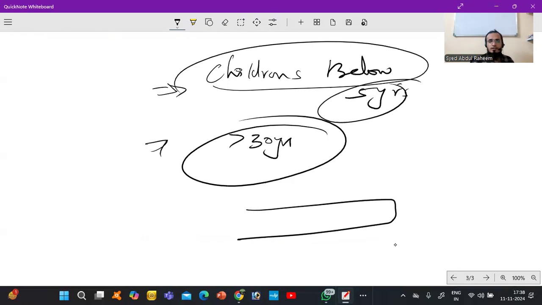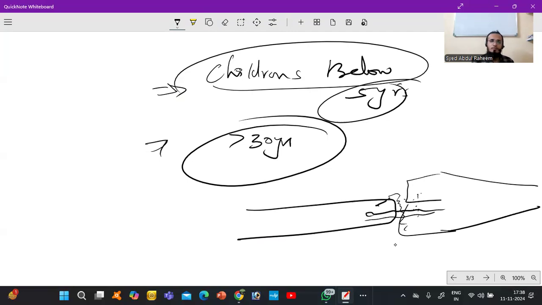One end is the dendrite and one end is the axon. Okay, so with the help of this chemical, the messages will pass. What is the name of the chemical? That is acetylcholine.